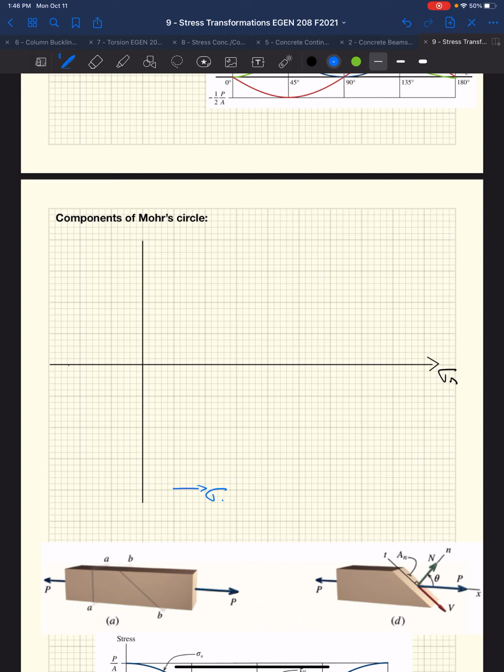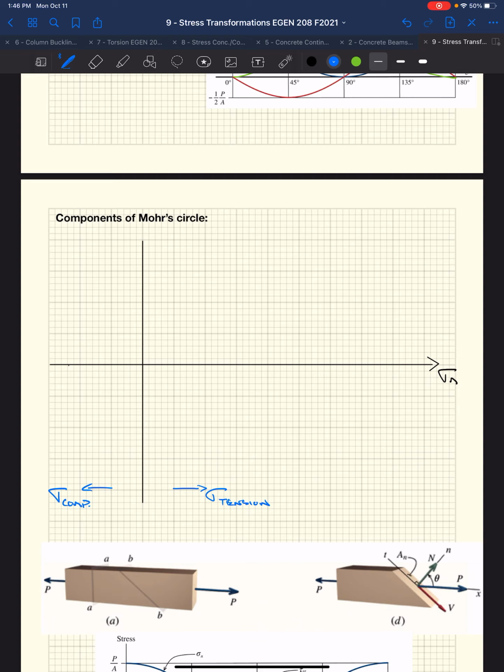So this would be sigma tension. Everything on the right side of our y-axis is in tension, if we're going to plot normal stress. So you can imagine anything on the left-hand side is in compression.